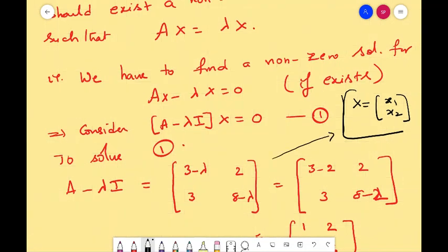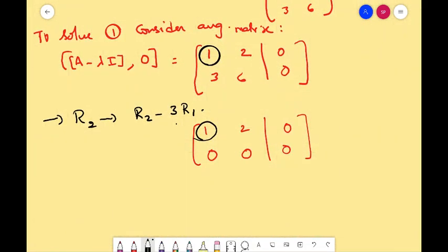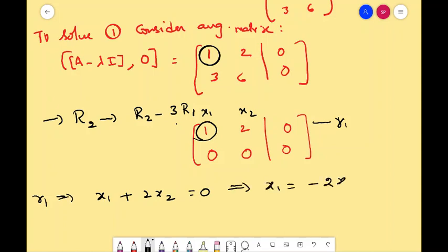So we have two variables, x1, x2. Only the first row is non-zero. So R1 gives x1 plus 2x2 is equal to 0, which implies x1 is equal to minus 2x2.